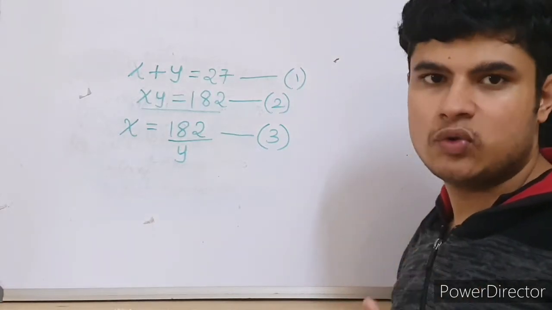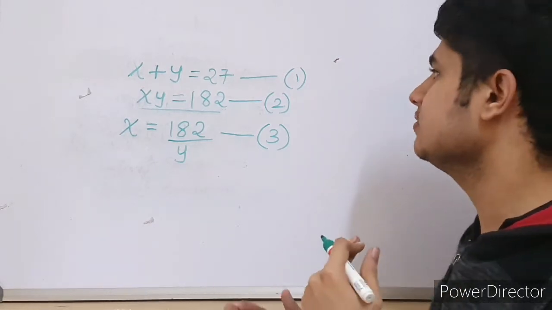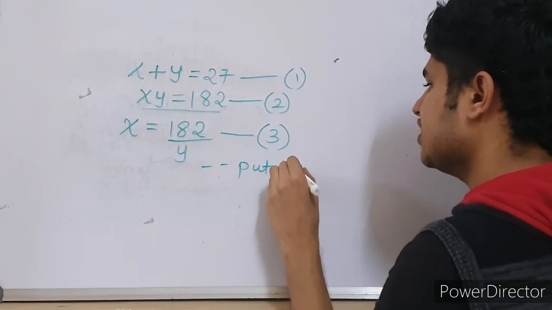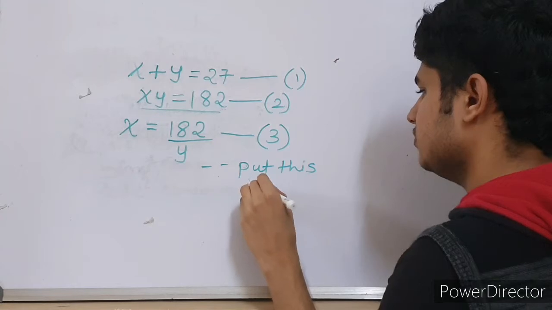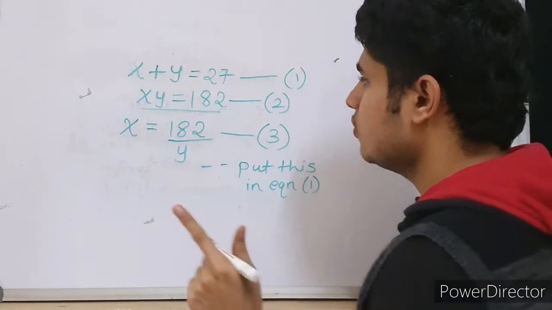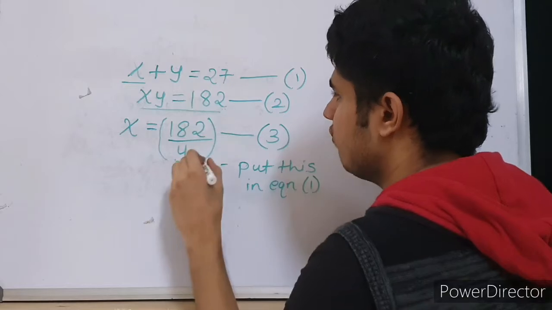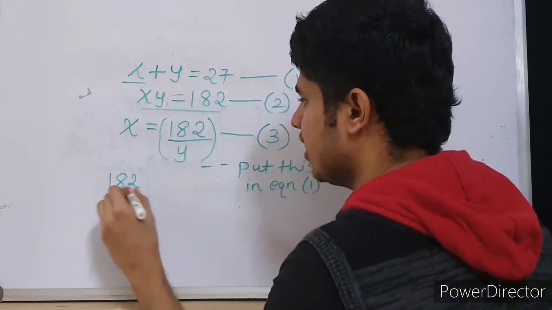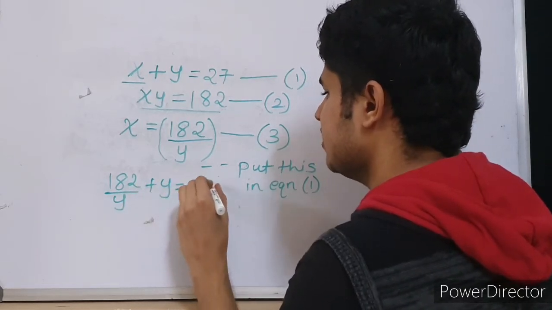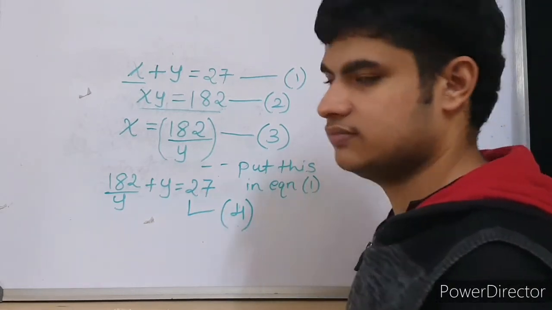Then, as I told you all, we must form the equations first and then substitute one equation into the other. So I will put this in equation 1. x now becomes 182 by y, so 182/y plus y gives me 27, and this I will call equation 4.